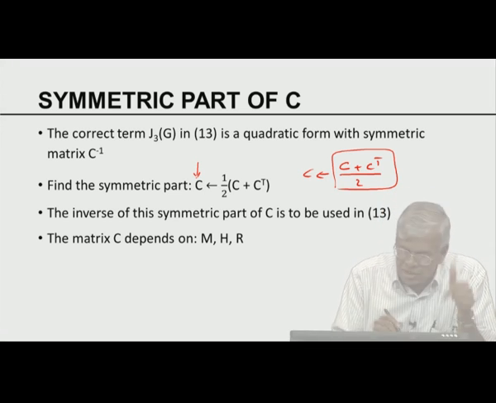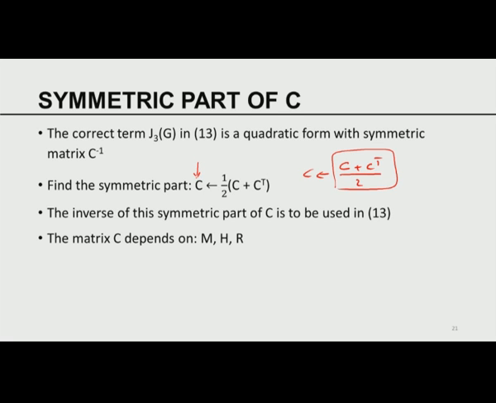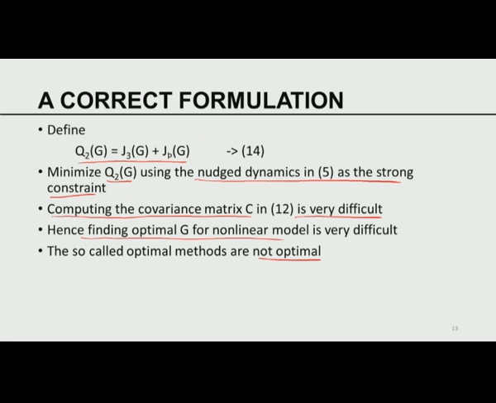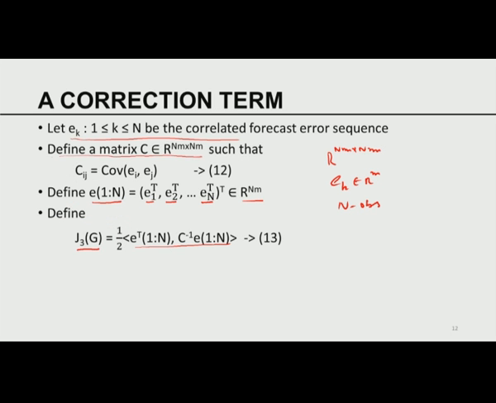Now the correction term J3, okay, now look at this now. The correction term J3 in 13, let us go back. So 13, this is the new J function. C inverse is to be used here, please understand. It is generally the case that I need to know the weight matrix. If I am going to consider the weighted least squares, I need to know the weight matrix.